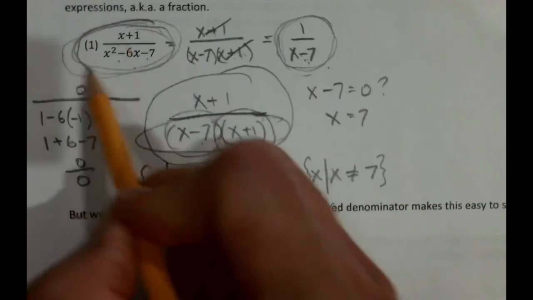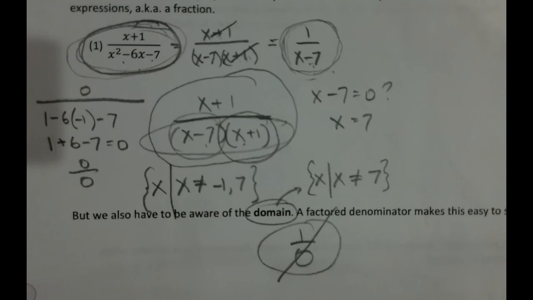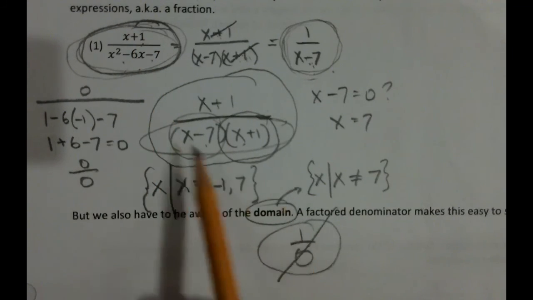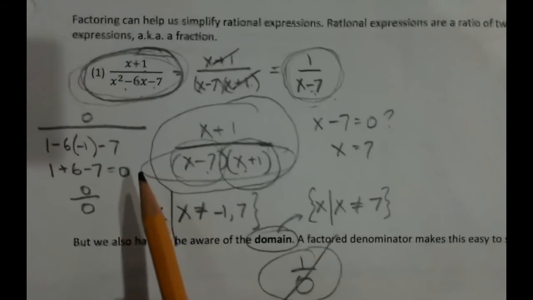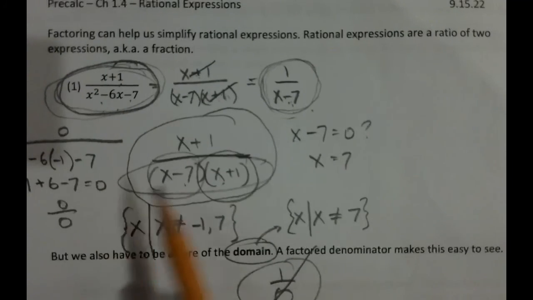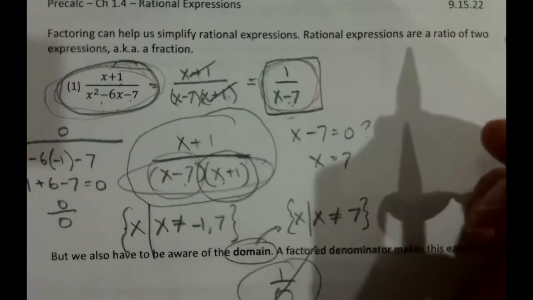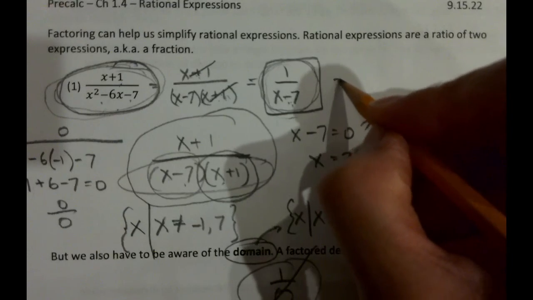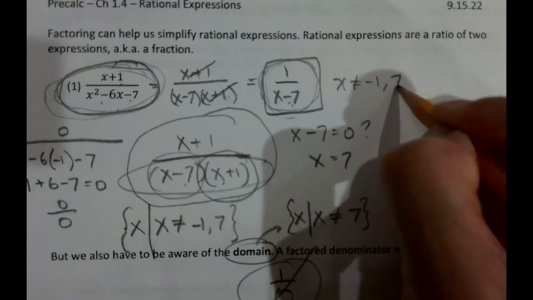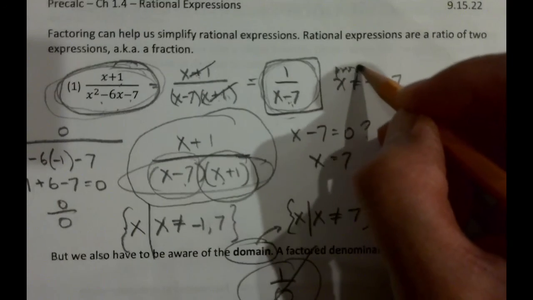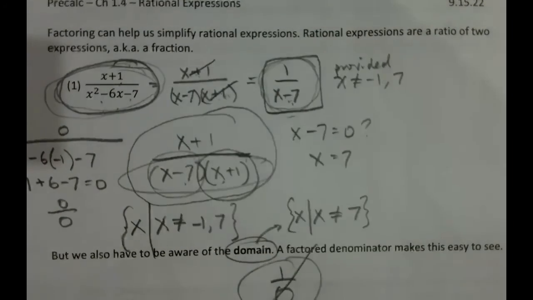And this does not exist if x is negative 1. Alright, so because that does not exist, I need to say over here, going back to simplifying this rational expression, it is equal to this as long as x is not negative 1 or 7. Okay, provided that.